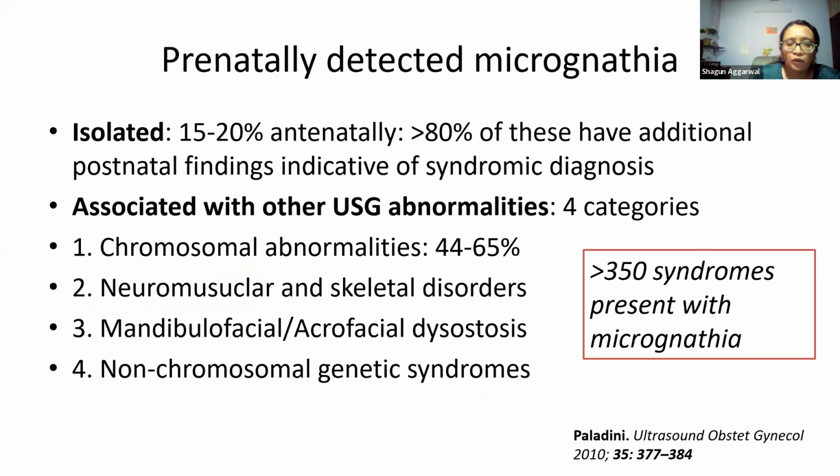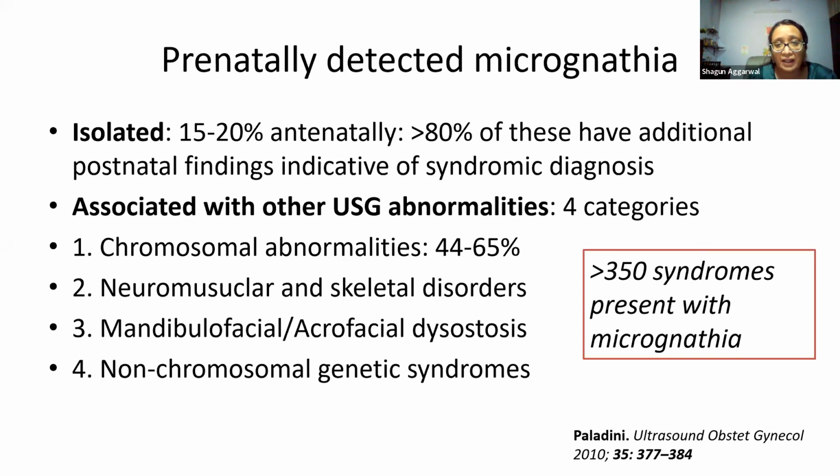And most of the time you will be able to divide them on the basis of other findings into these four broad categories. But still, if it is looking isolated antenatally, we need to remember there is enough literature which says that the majority of these apparently isolated ones actually have additional findings after birth. Most of them on scan may look isolated, but may actually be part of a syndrome.